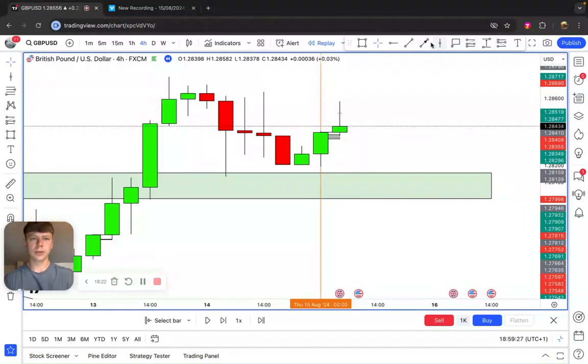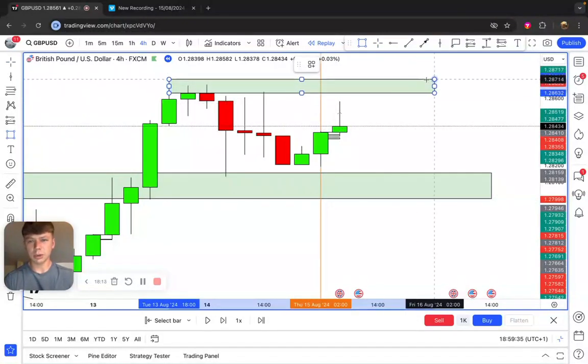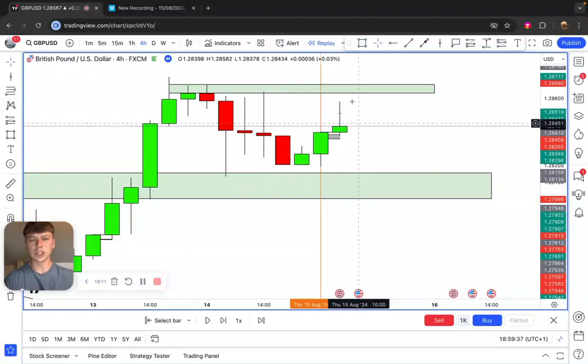Now, I had something in mind that if this candle's closed bullish, I was looking at it thinking, I could see price pushing up higher here into this key area, and it would fail to do that.